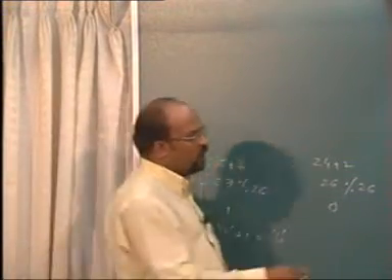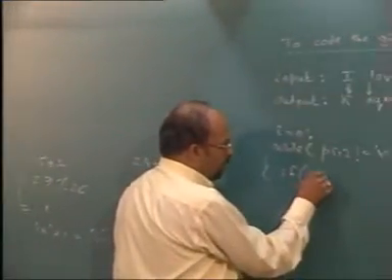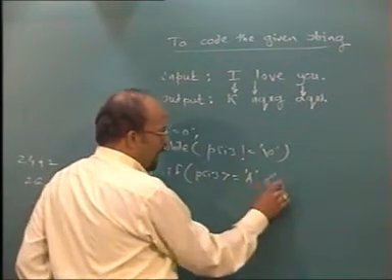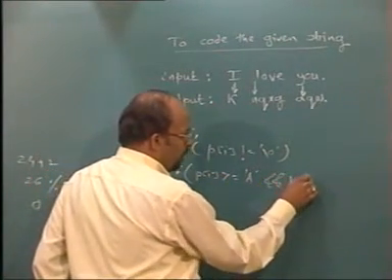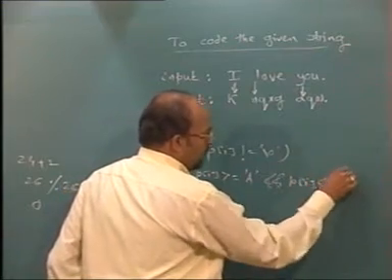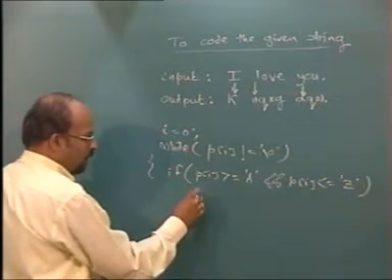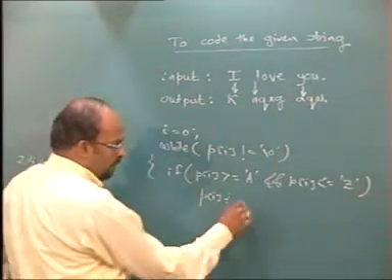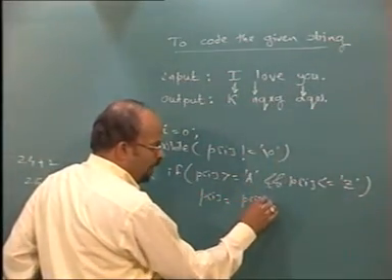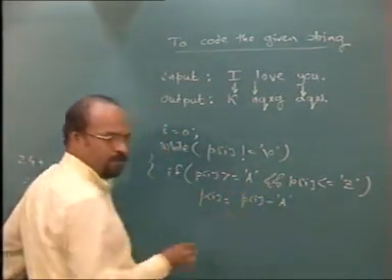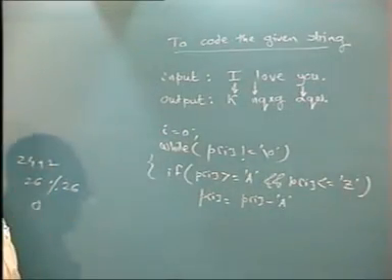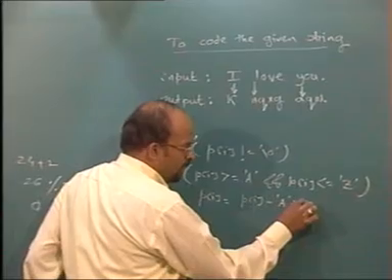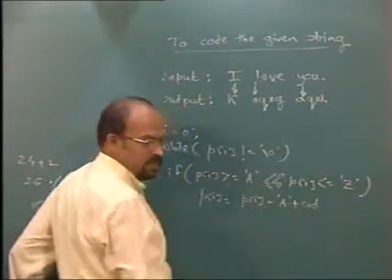Okay. So here, if P of I is greater than or equal to capital A and P of I is less than or equal to capital Z, then you will have to say P of I is equal to P of I minus capital A. So I am taking the distance from capital A plus the code number, say COD, whatever is the code number.